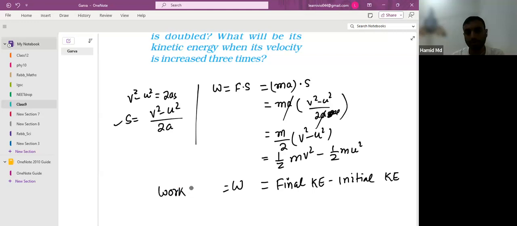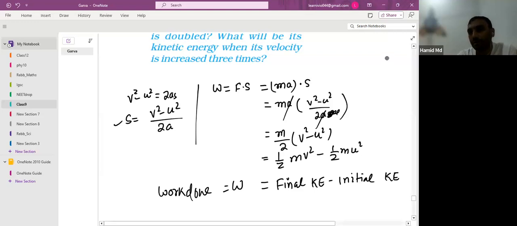This was the work done, and that work done transformed into the form of energy, right? Understand or not? These steps are clear? Rumaza and Riaz, are these steps clear? Yes, sir, clear.